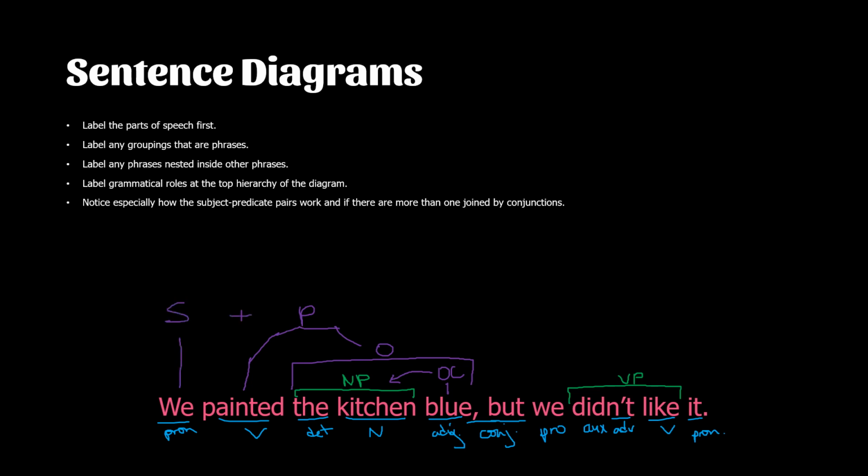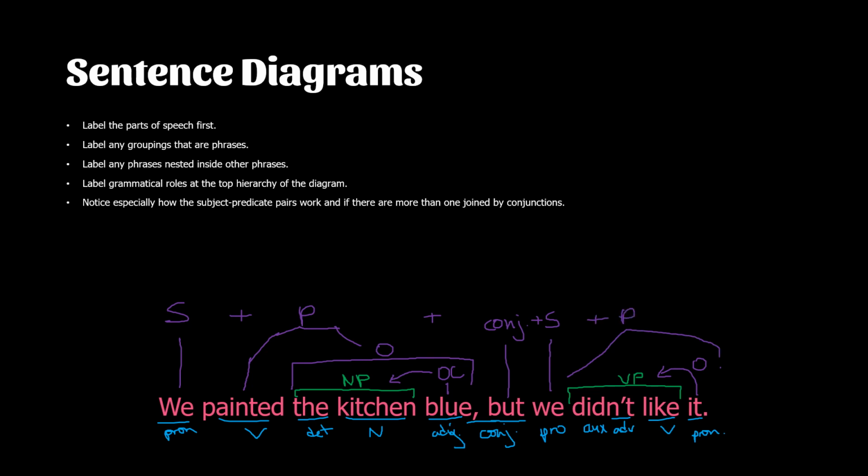Then we have a conjunction. Because it's a coordinating conjunction, it stands kind of by itself. Then "we" is a subject. "Didn't like it": "it" is the object of the verb phrase. All of this together is the predicate.